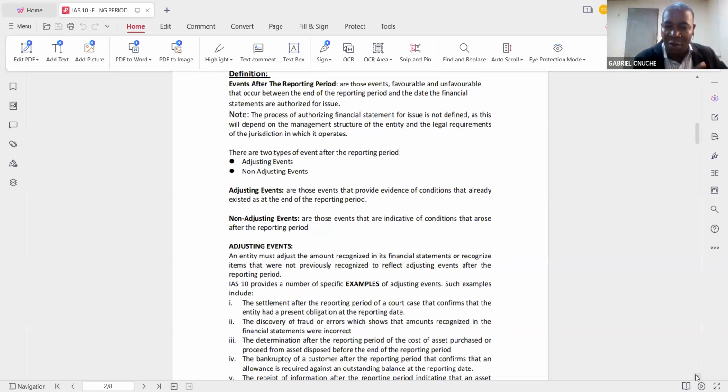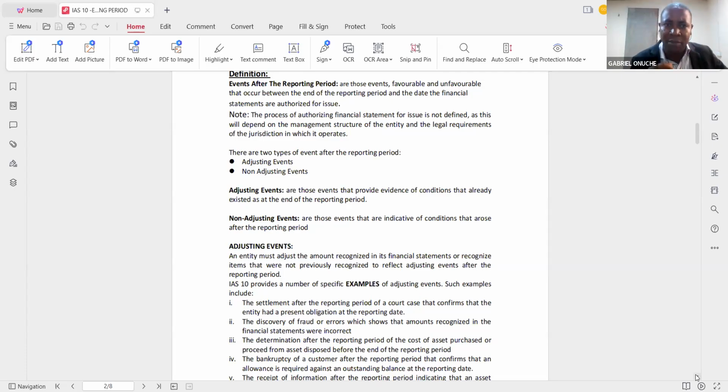The financial year end of company A might be different from company B, but let's use the government approved year end, let's say Nigerian government, which is 31st December.